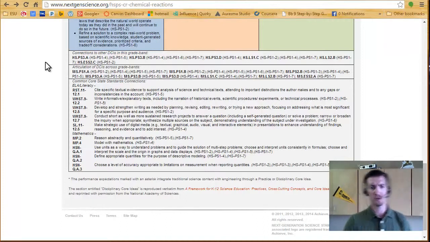You also need to know what students got before this about chemical reactions and where they're going next. So the articulation of DCIs across grade bands, clicking on each of these will take you to those middle school standards because you should know what the students are bringing in. You can also look at the Common Core standards.